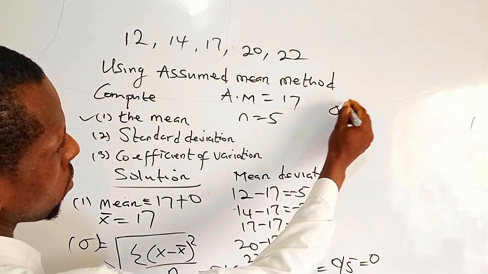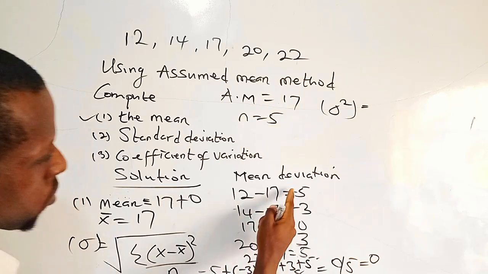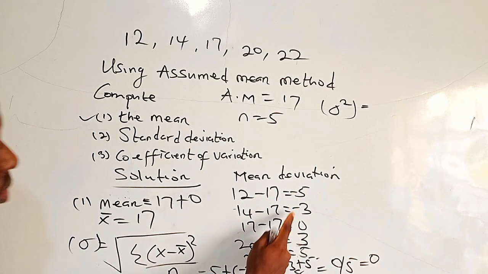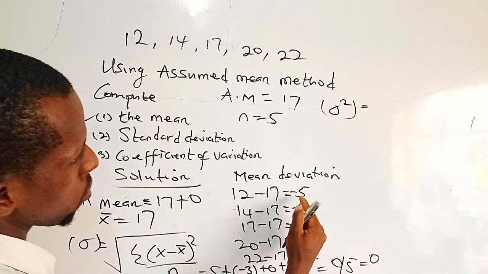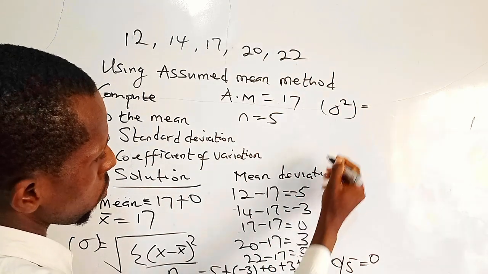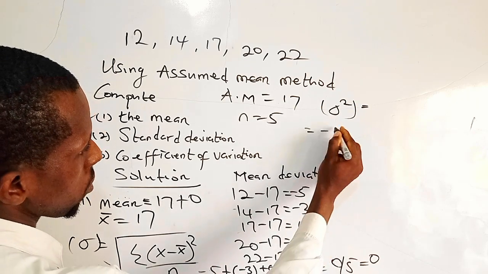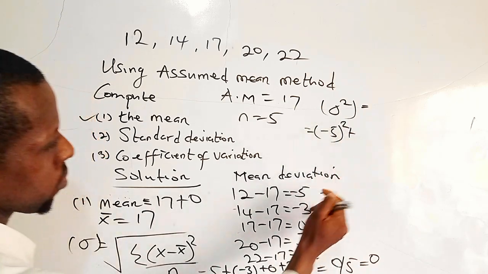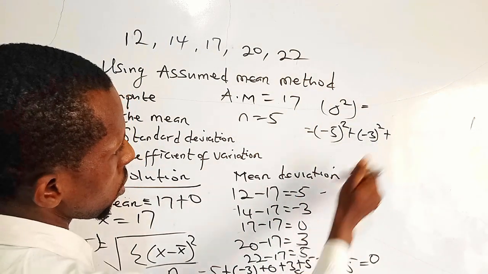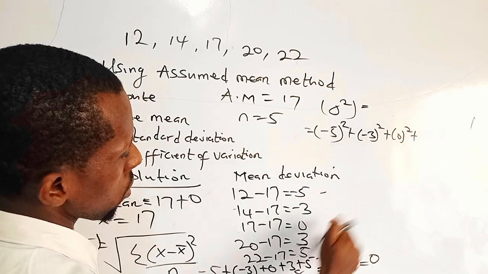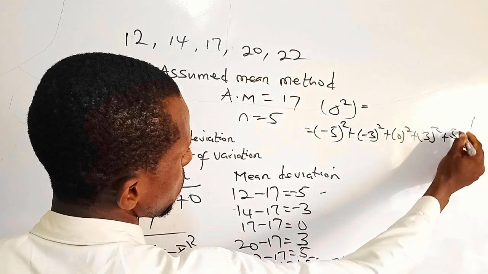For the variance, we come back to all these deviations and look for the square of each of them. So I have minus 5 squared plus minus 3 squared plus 0 squared plus 3 squared plus 5 squared.